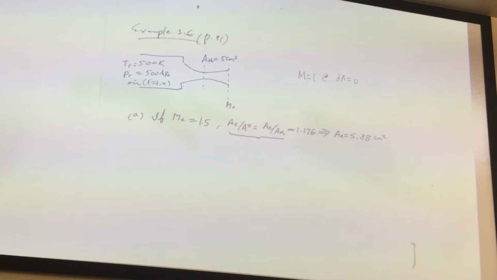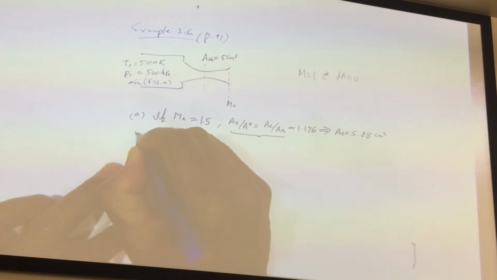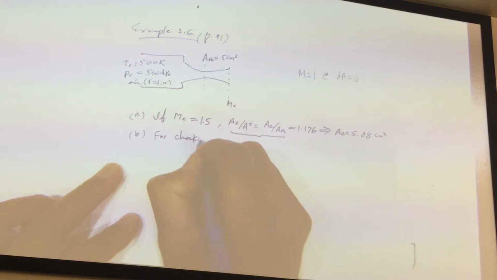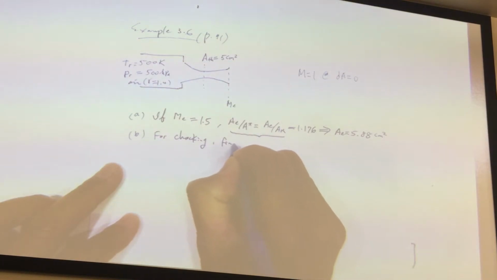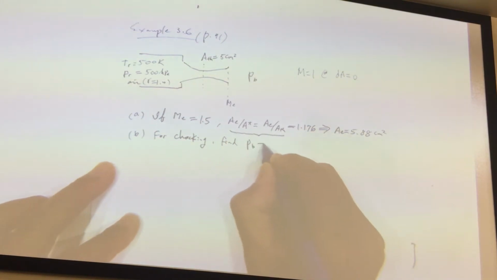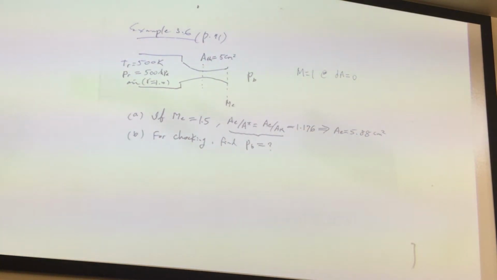Okay. So that's it. Now, part B is for choking. Find P_B. So you have P_B. That's the second part.